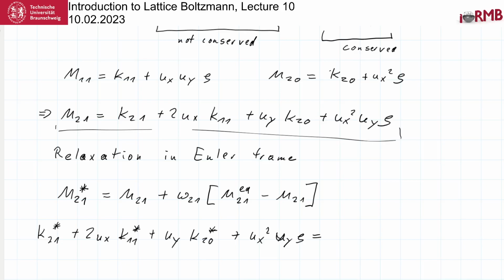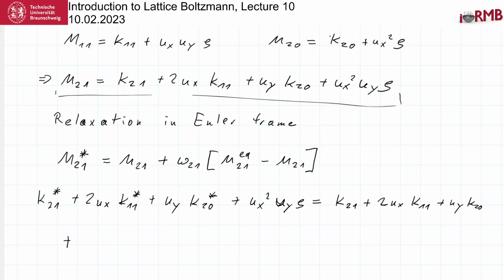On the right hand side we have the pre-collision K21 plus 2ux K11 pre-collision plus uy K20 pre-collision.